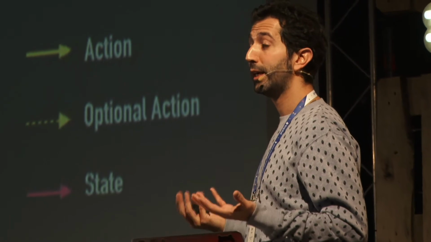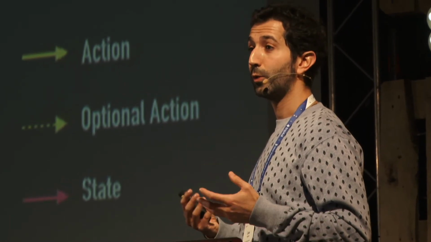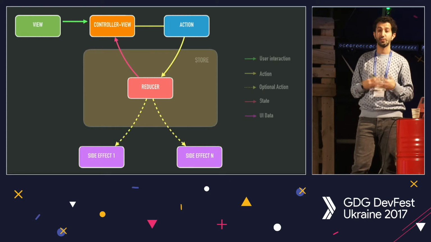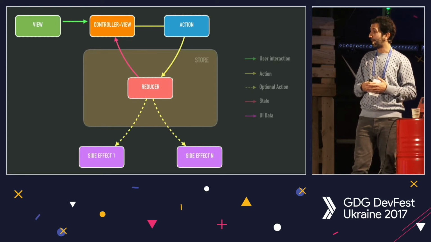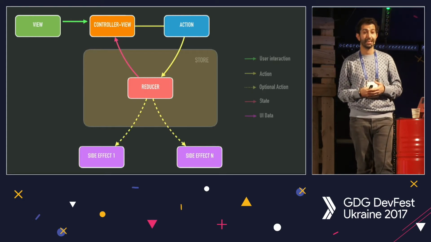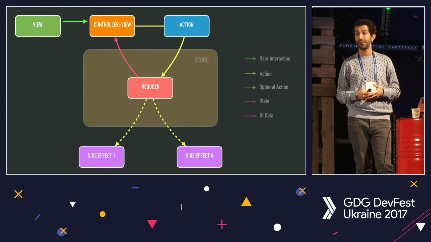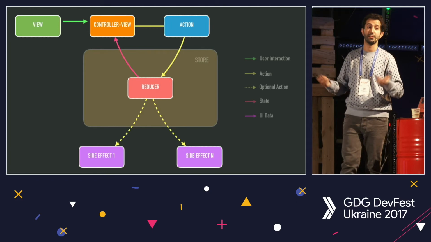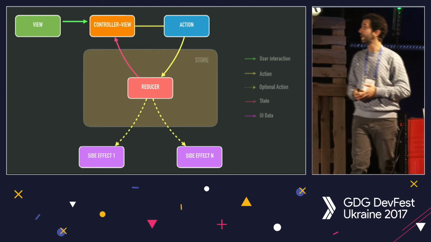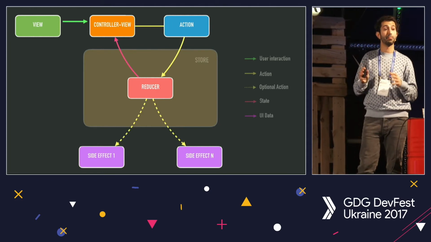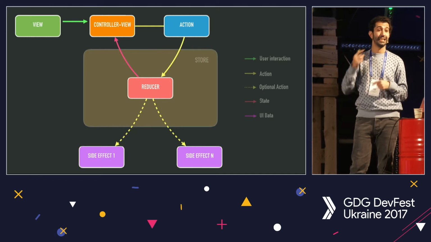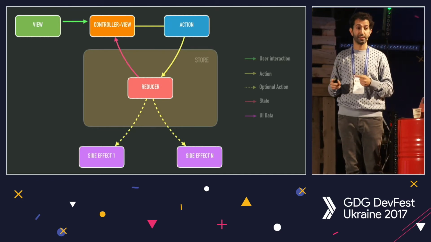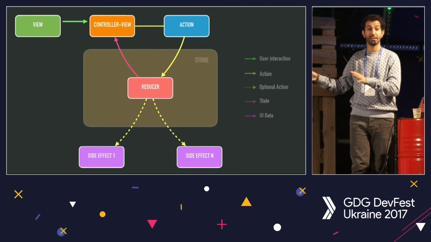Side effects are a way to enrich your data, to extend the functionality of your application. A side effect can be, for instance, a persistence layer, a database. A side effect can be a sync layer, where you create your request, you handle responses, and so on, okay? So, this is important, right after we have generated the new state, we send the actions to our side effects. If we have side effects, they are not mandatory, we will see later.